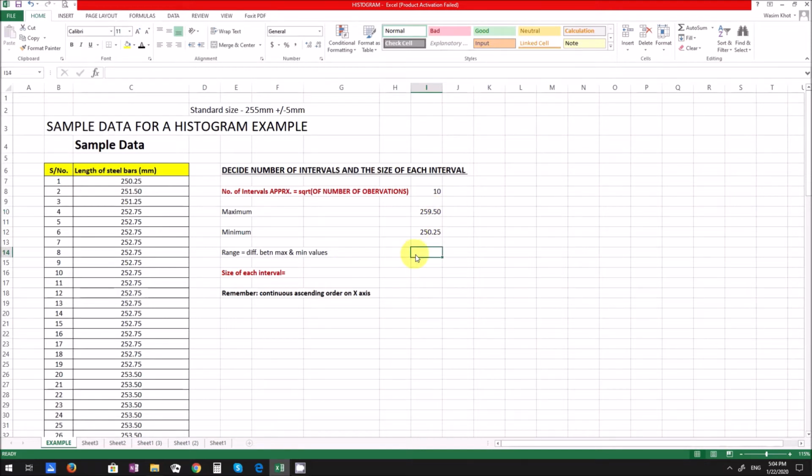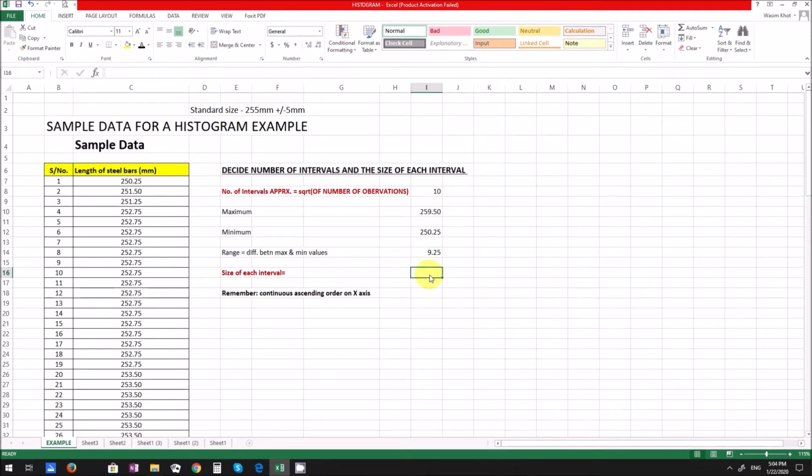So let's see the difference between the maximum and the minimum, which is also called the range. The difference is approximately 10, and we know the number of intervals, we will keep it as 10.